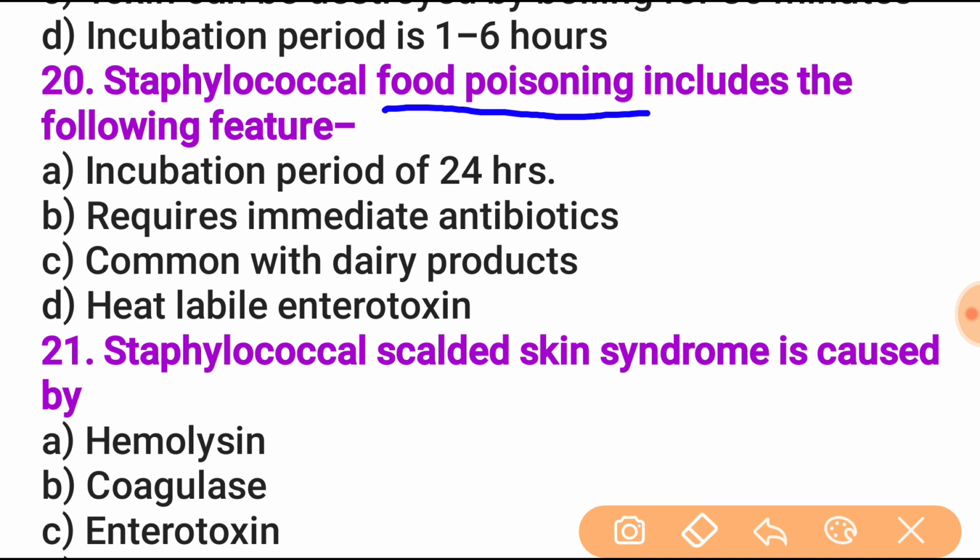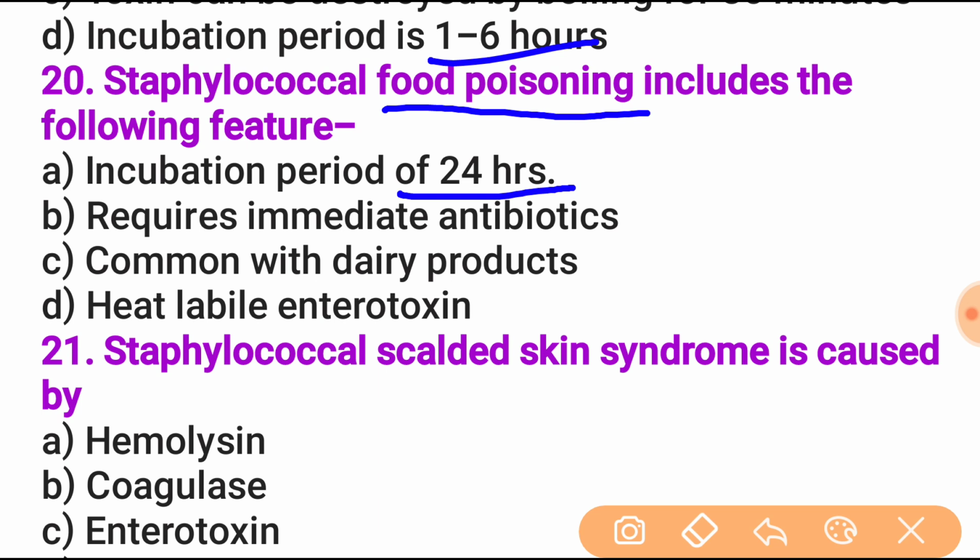Here the incubation period of Staphylococcus, you have to already know, is 1 to 6 hours. They require immediate antibiotic. This is not correct.